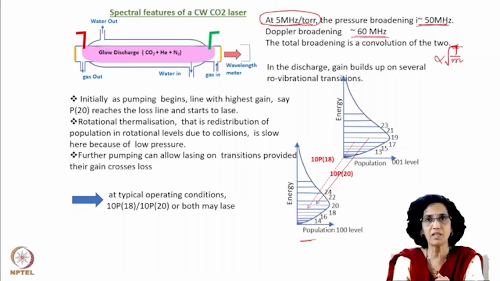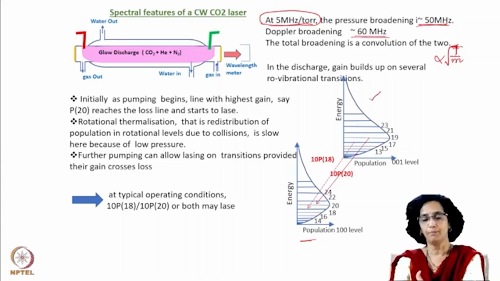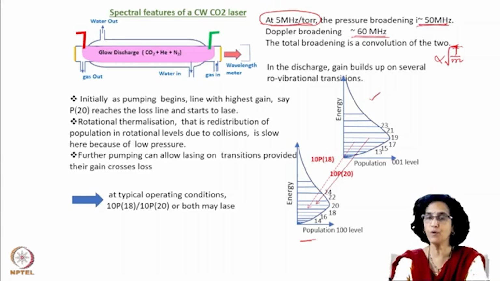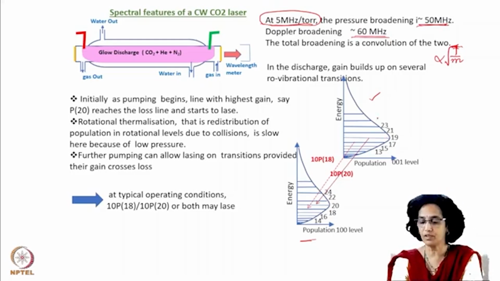The population is much less because we have selective excitation into 001 with the presence of nitrogen also. So the population inversion is large, and depending on the temperature, you have some rotational levels which have higher population as compared to the others, and we know that this is the way in which the rotational population is distributed among various rotational levels.